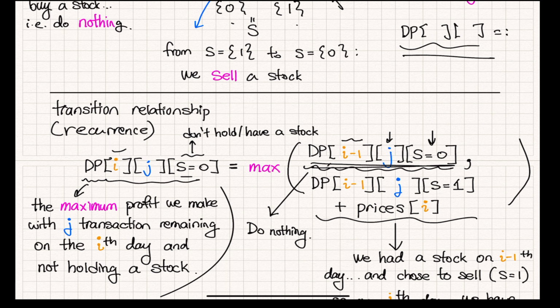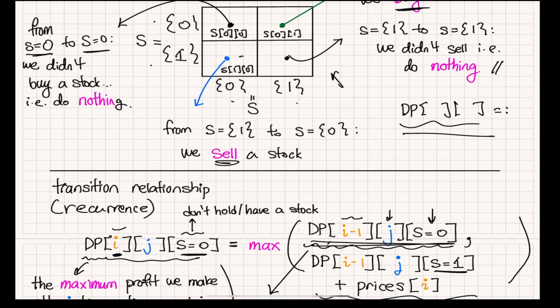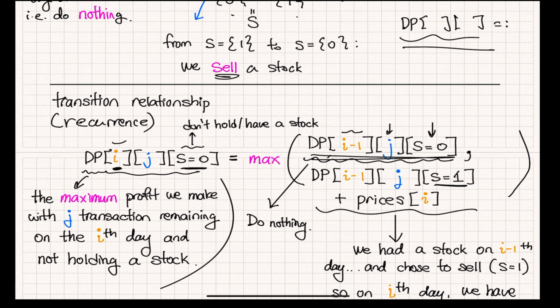That means on the i minus 1th day we held a stock, but then we sold the stock on the ith day, right? That's why we have to add the price here. So we have a plus here. And notice that we are going from s of 1, 0. That's this guy. So we sold the stock. That's what this means.